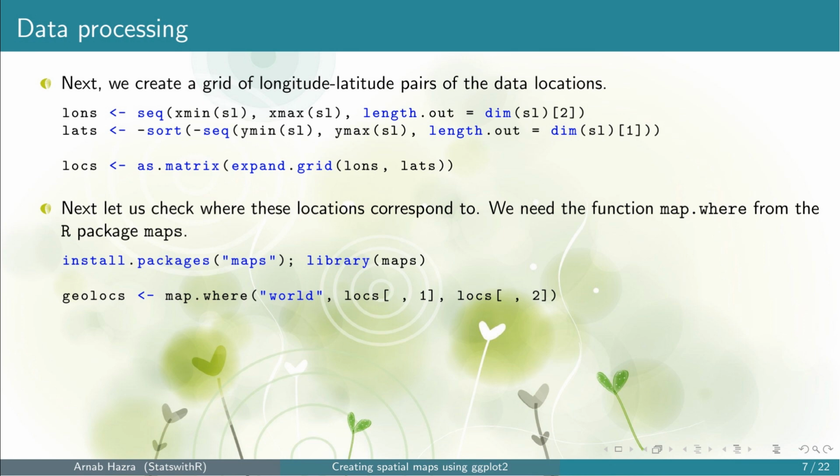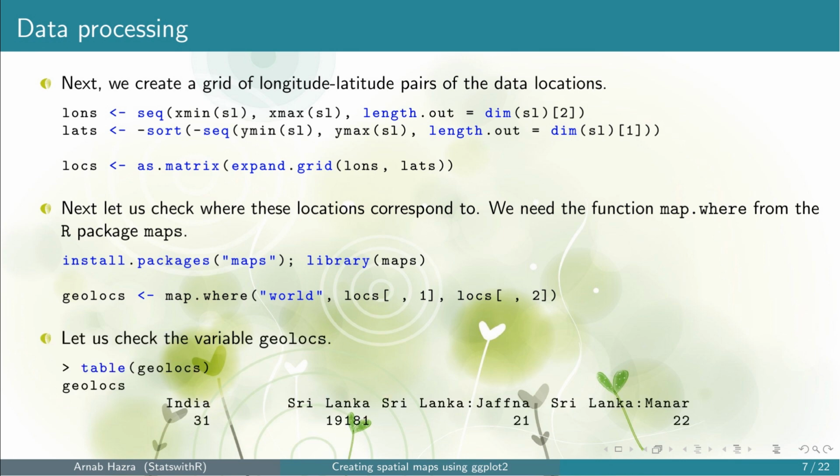So first we need to install and call the package maps into R. Similar to the package raster, we install and call the package maps using the functions install.packages and library. Next, we create the vector geolocs that represents the position of a pixel within a country. The first argument should be world within quotes. The second argument should be the longitudes and the third argument should be the latitudes.